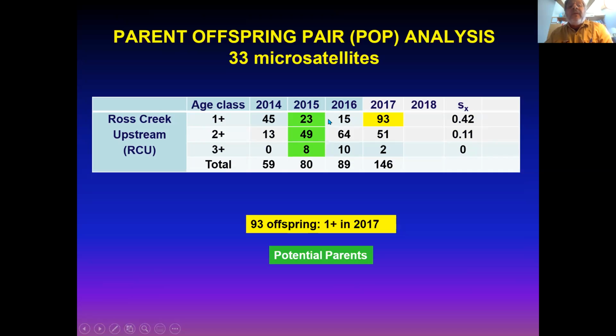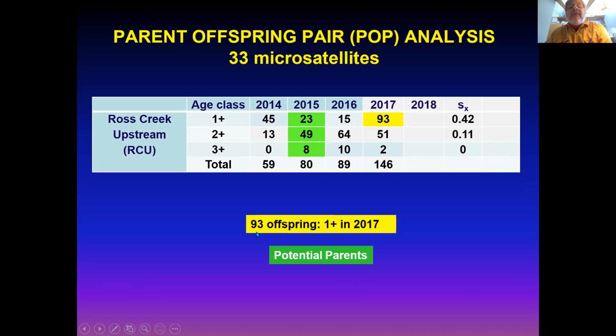They come out of the gravel in the spring of 2016, and the eggs would have been fertilized in the fall of 2015. So the parents of these 93 juveniles would have been the fish that were collected as 1, 2, and 3 year olds in 2015.